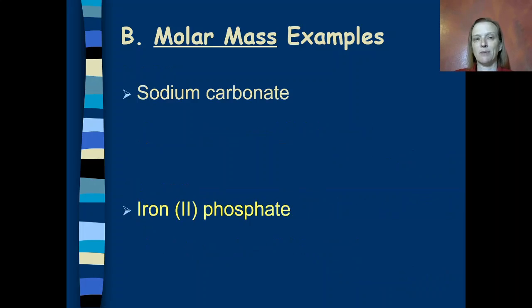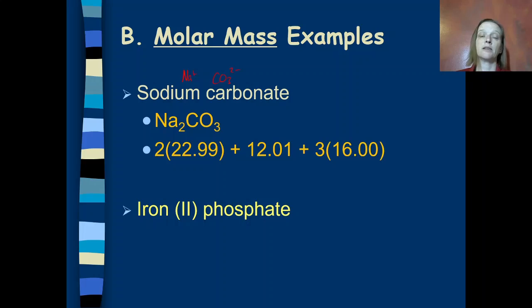More molar mass examples. Sodium carbonate. Thinking about the formula for sodium carbonate, sodium has a charge of +1 and carbonate has a charge of -2. So the correct formula at the end is Na2CO3. Taking all of those atoms into account, we have 2 sodium atoms.